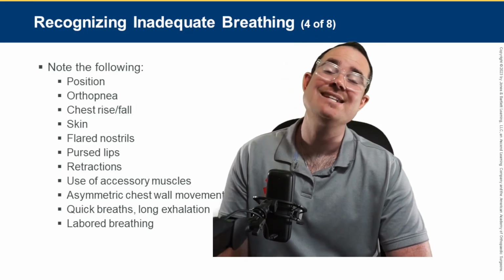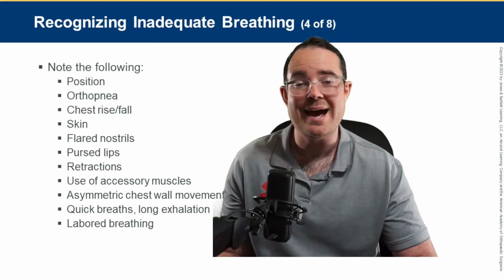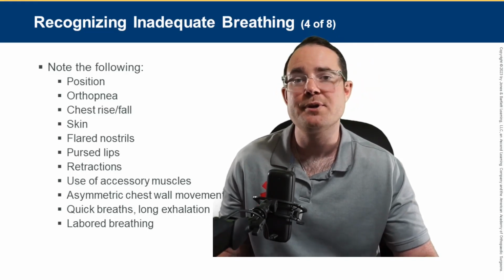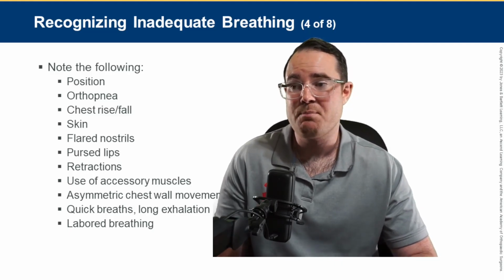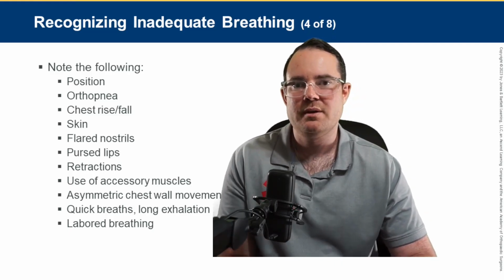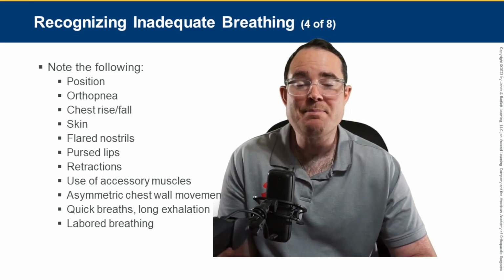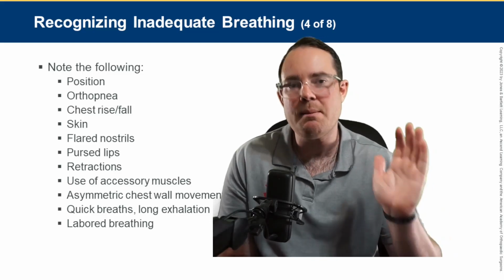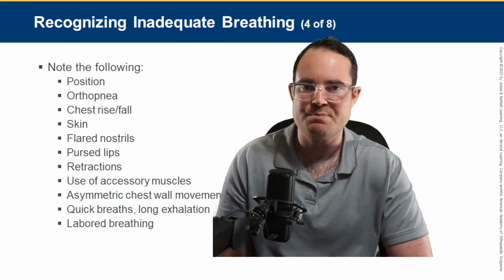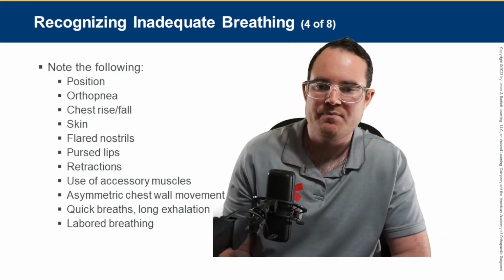When this patient lays down to go to sleep at night, they get woken up with shortness of breath. This is a bad sign of heart failure, right? Pulmonary edema. PND or orthopnea typically is a sign that this patient needs to sit up. They need to be at high Fowler's position to breathe adequately.